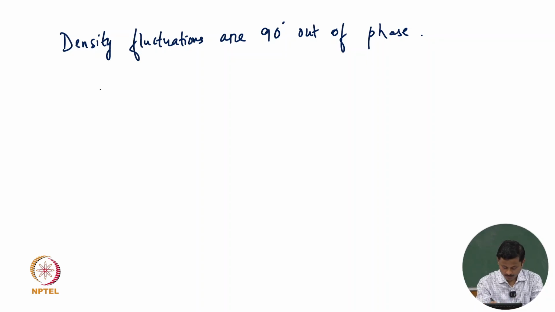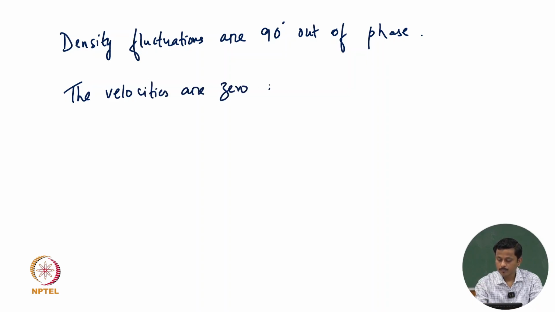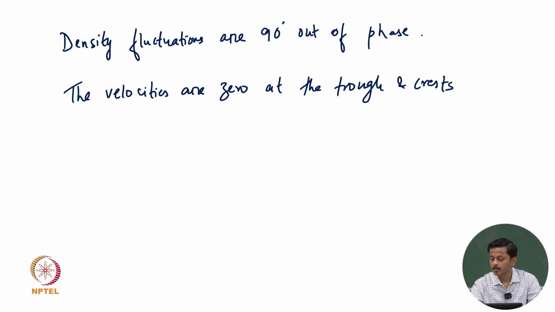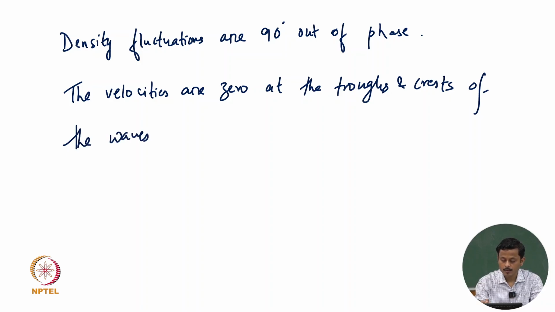So this means the velocities are zero at the troughs and crests of the waves, because those are the points of maximum fluctuations in density.